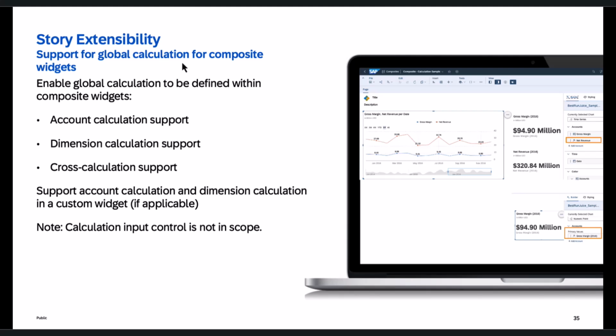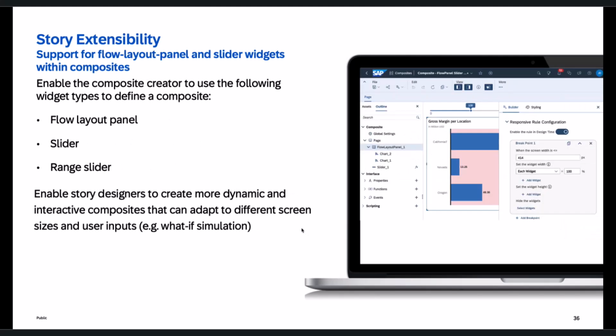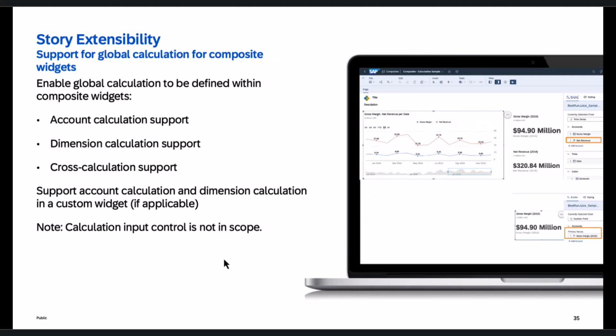And our calculation input control is out of the scope. And within a composite, now you are also able to define flow layout panel and a slider and also range slider. With that, we enable Story Designer to create more dynamic and interactive composites that can adapt to different screen size and user inputs.